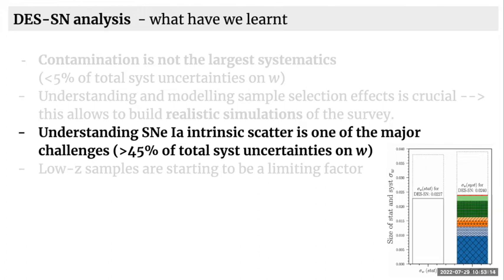When it comes to contamination, of course, we always think about what the bias on cosmology is, what the bias on w from core collapse contaminants is. And that's of course part of the problem. But another interesting question that is still yet to be fully answered is, from a contaminated sample, can you learn more about the astrophysics of supernovae 1A, or is that contamination undermining our ability to learn more about supernova astrophysics?